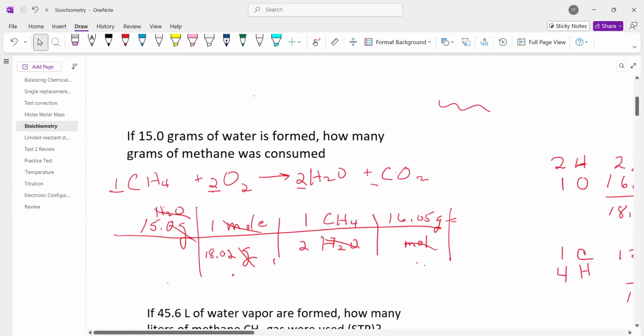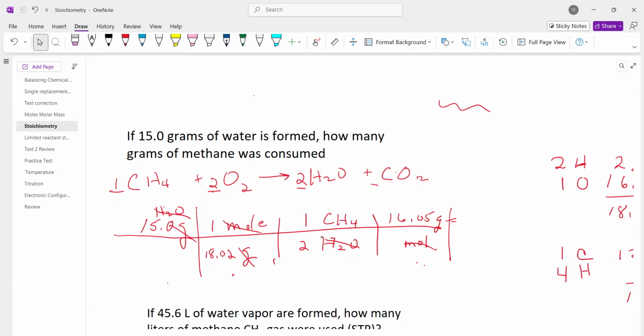Okay, so here are the 3 parts. First part is given to moles. Now, the given could be liters of gas. Remember, that was 22.4 liters per mole. It could be grams, that's the molar mass in the periodic table, or it could be the number of particles, which is 6.02 times 10 to the 23rd. Any of those will get you to moles.